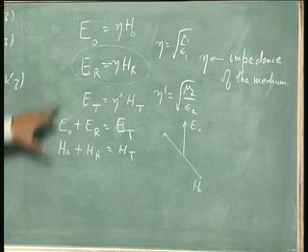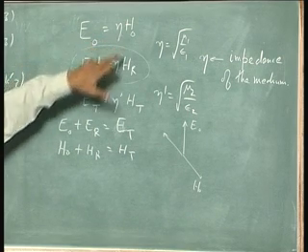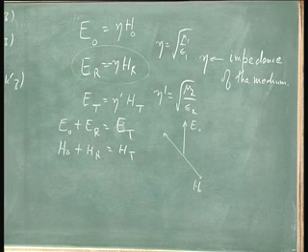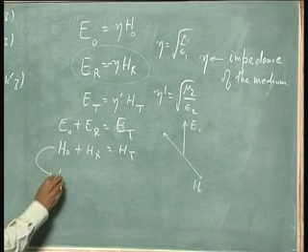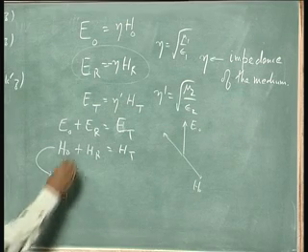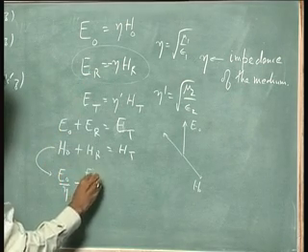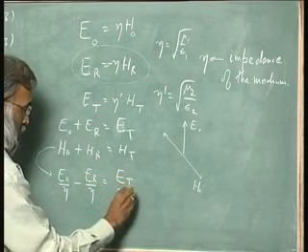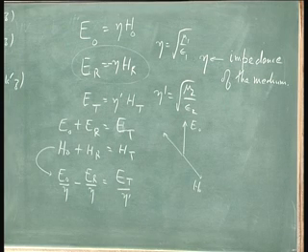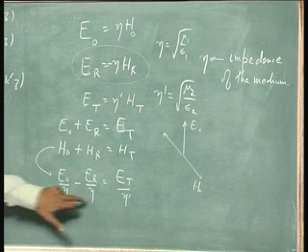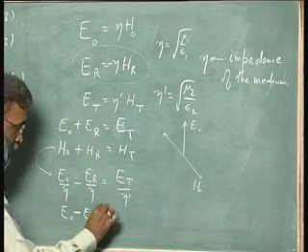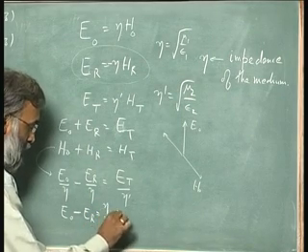So, now let me substitute for the H's through these equations and get a second equation in E's alone. So, what I get from this equation is E naught over eta minus E r over eta is equal to E t over eta prime. So, I can clear this denominator, or I can write E naught minus E r is equal to eta over eta prime E t.